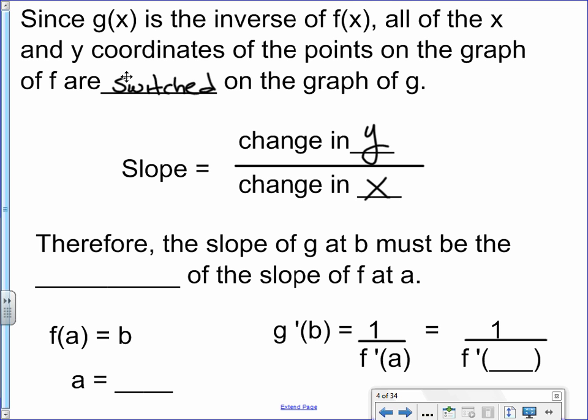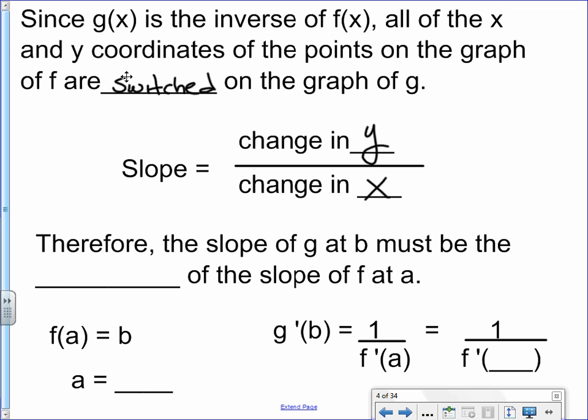You've switched them. You're almost there. You're so close. Slope is change of y's over change of x's. You've switched the x's and the y's. So the slope's not going to be the same. So what do you do to the other one's slope?